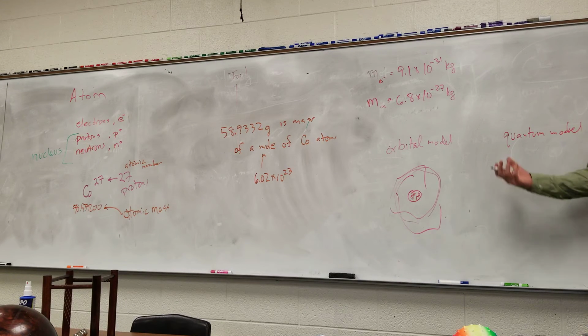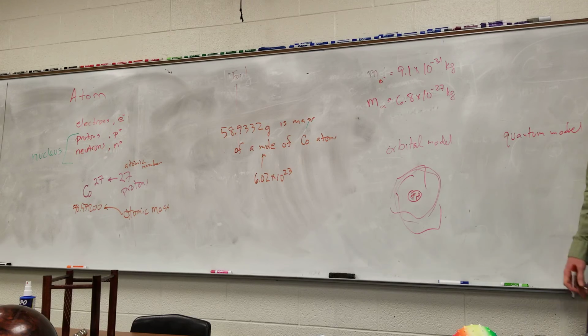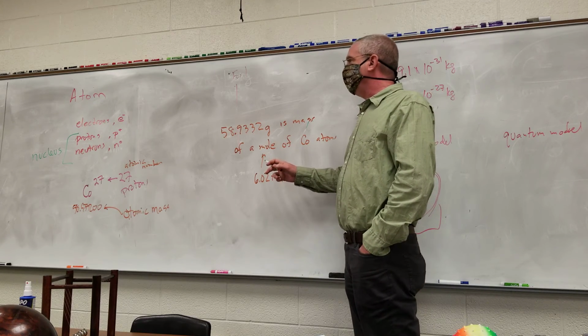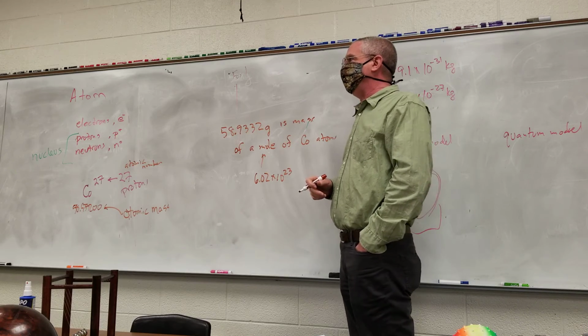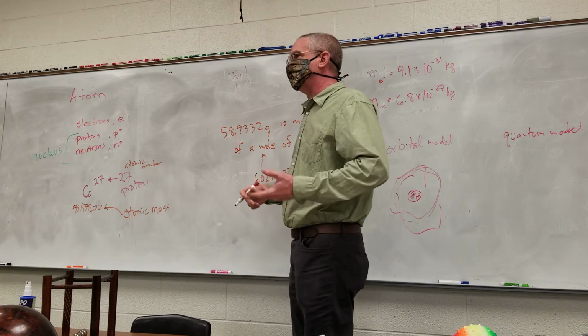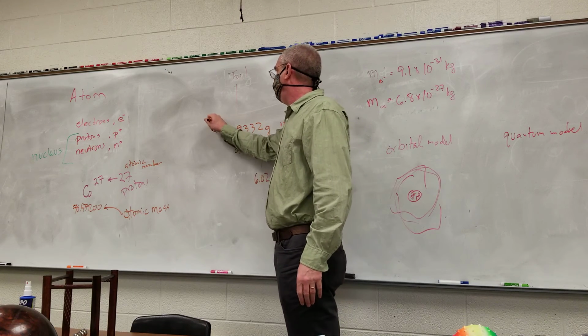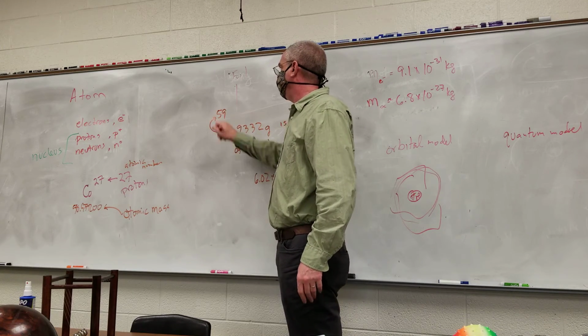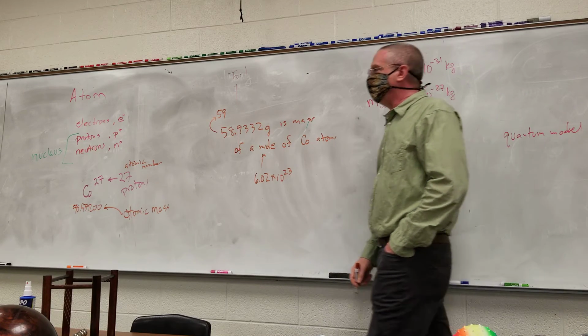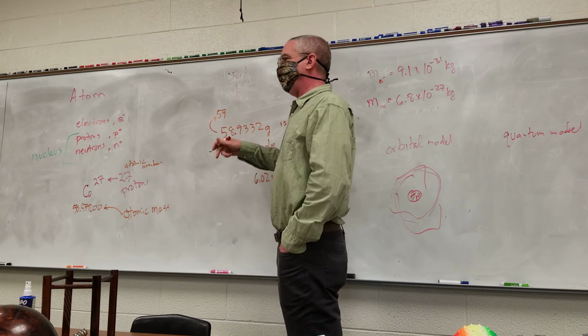Whatever number that is, that's why we do scientific notation, because I'm not sure what that number is. Quintillion? Whatever. And so that's what the atomic mass is. Now, there's another advantage to that number: if you round it off to the nearest whole number, so 59, that is a decent approximation for the number of protons and neutrons.